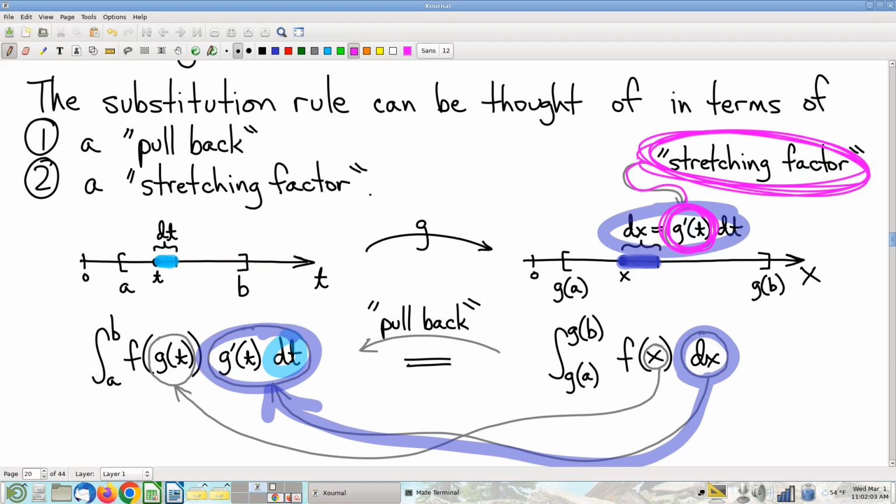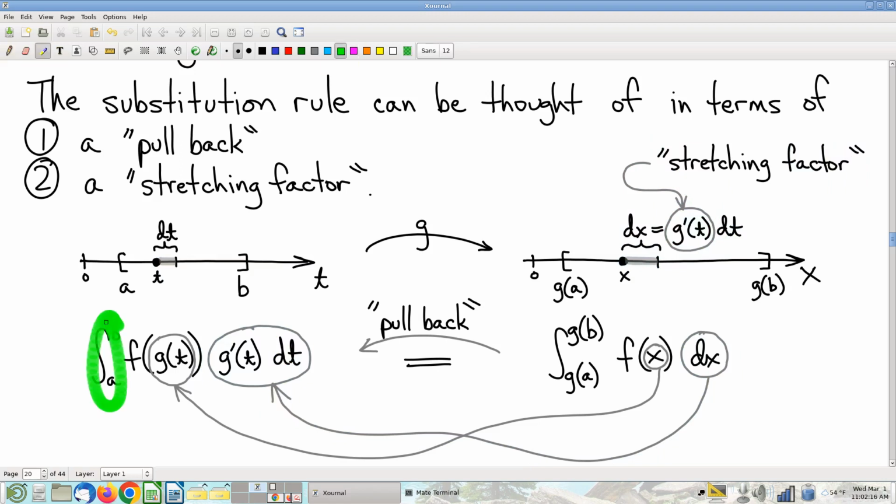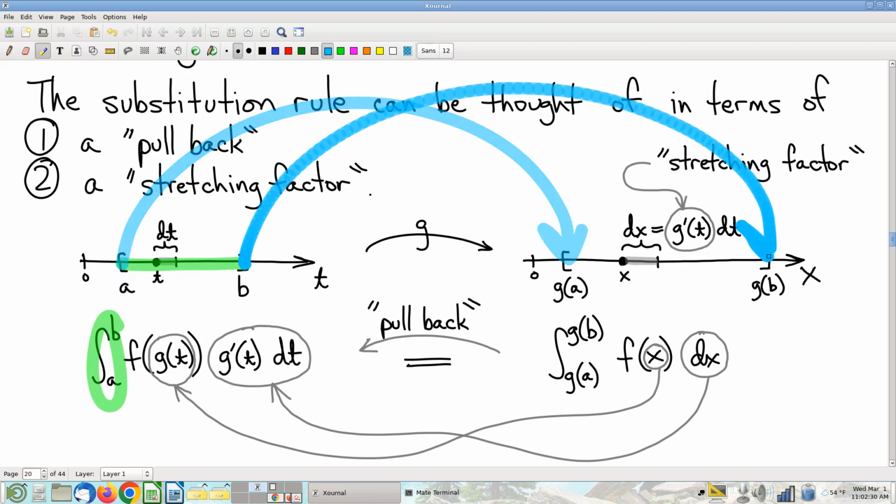Okay. All right, and then other details. I will point out that yes, points push forward. Also, intervals push forward. If I have bounds a and b, that represents an interval on the t-axis. When I plug in all the points of that interval into the function g, a goes to g of a, b goes to g of b.